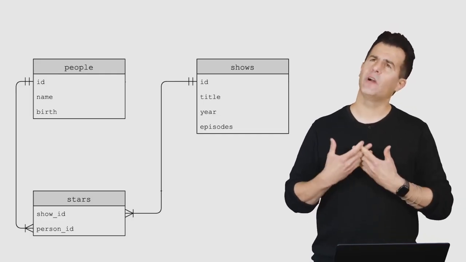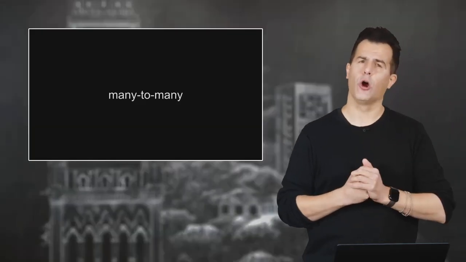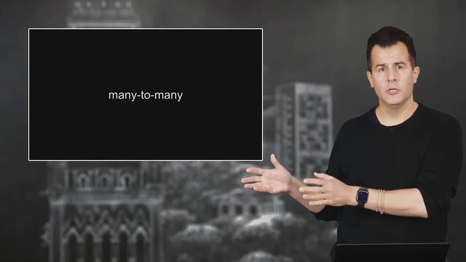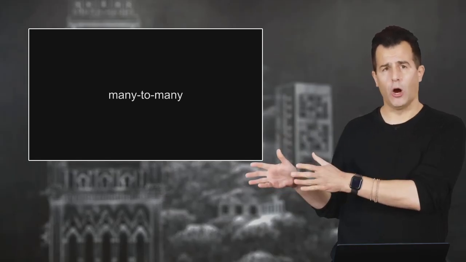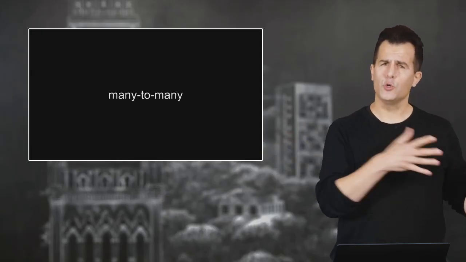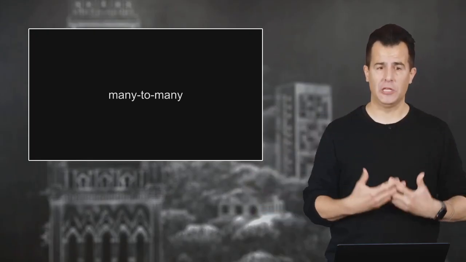And indeed, that's the right semantics for something like TV shows and TV stars, because presumably one show has many TV stars, and one TV star is presumably, if they're successful, going to be in many TV shows. And so you sometimes want not a one-to-one, not a one-to-many, but a many-to-many relationship.